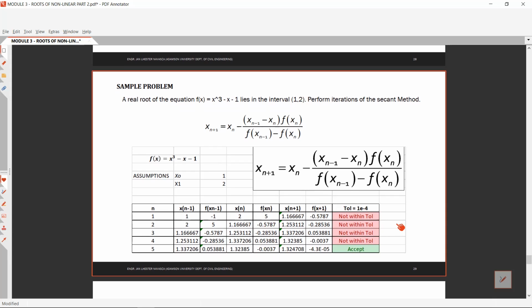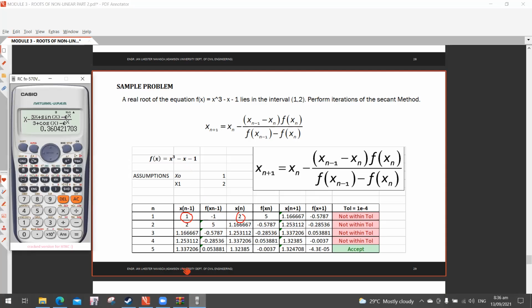Sige. Ang gagawin dito class, syempre, lagyan natin yung x sub n minus 1 and this one. And yung x sub n, this one. So ito yung two initial guess natin. Okay? These are two initial guess. Then after that, syempre, solve mo yung f of x sub n minus 1.